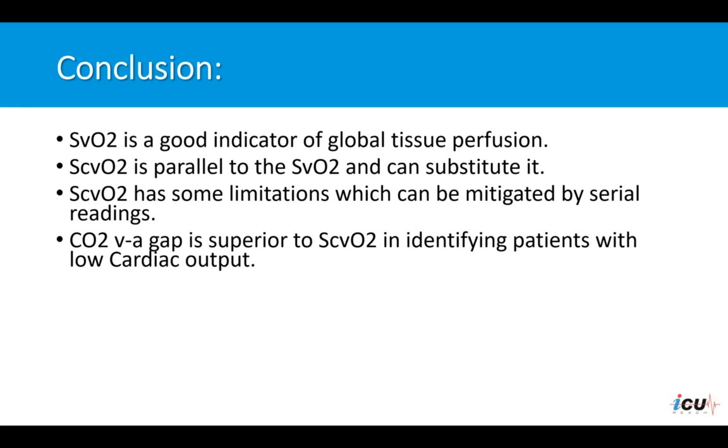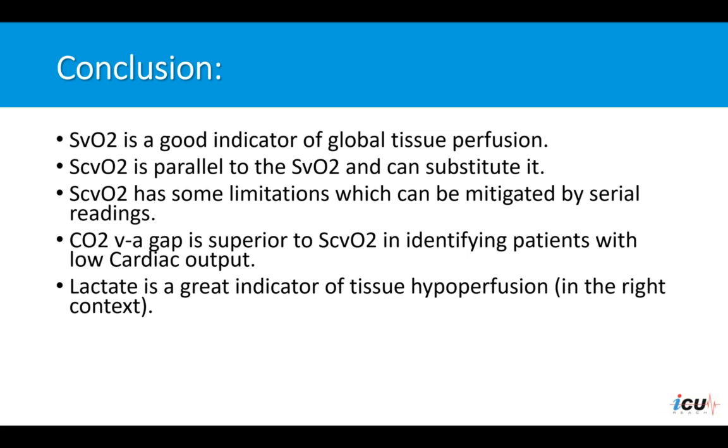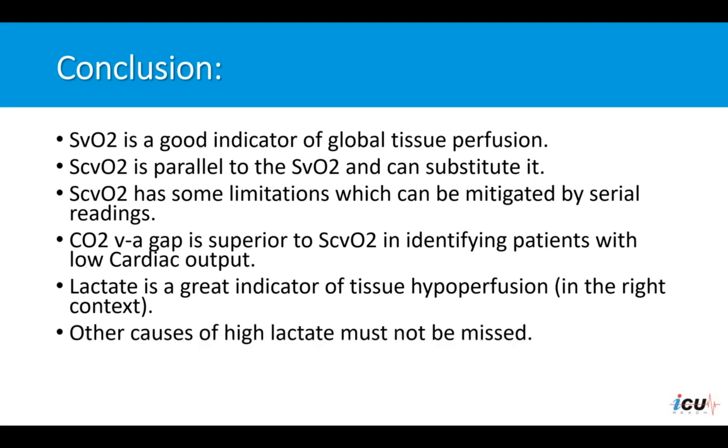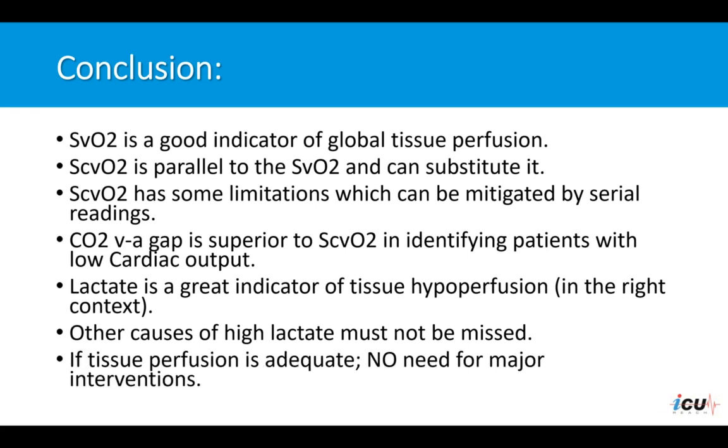And then we talked about the CO2 veno-arterial gap as an indicator of cardiac output, especially if it is low. And then we looked at lactic acid as a great indicator of tissue hypoperfusion, but in the right context. And other causes of high lactic acid must not be missed. If tissue perfusion is adequate, no need for major interventions.